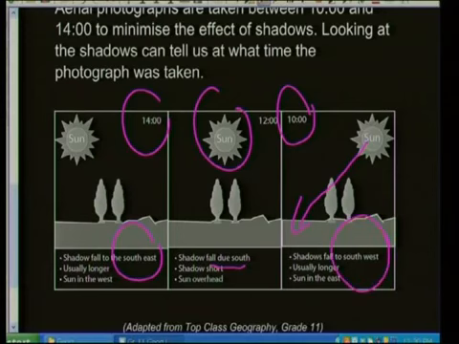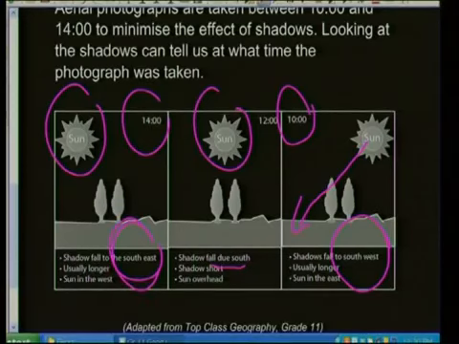So determined by the position of the sun and the time of day, the shadows will be cast in different directions on your photograph. So you can work out that if the shadow is on the southeast, the photograph was taken at 1400 hours. If it's on the southwest, it was taken at 1000 hours. Okay, let's go on.